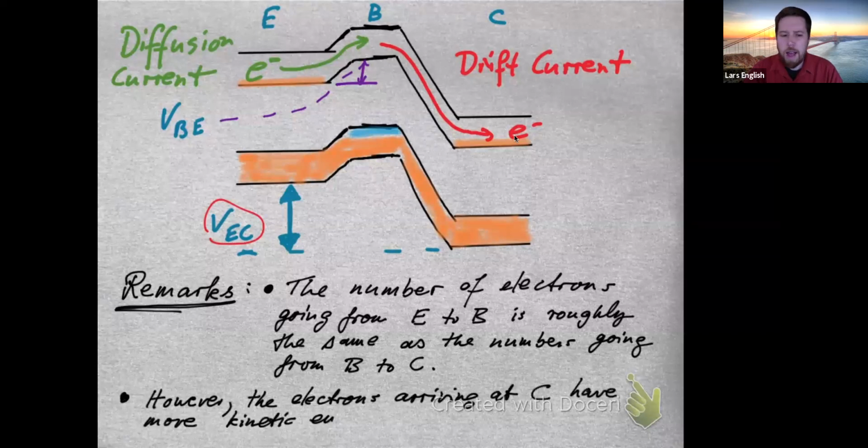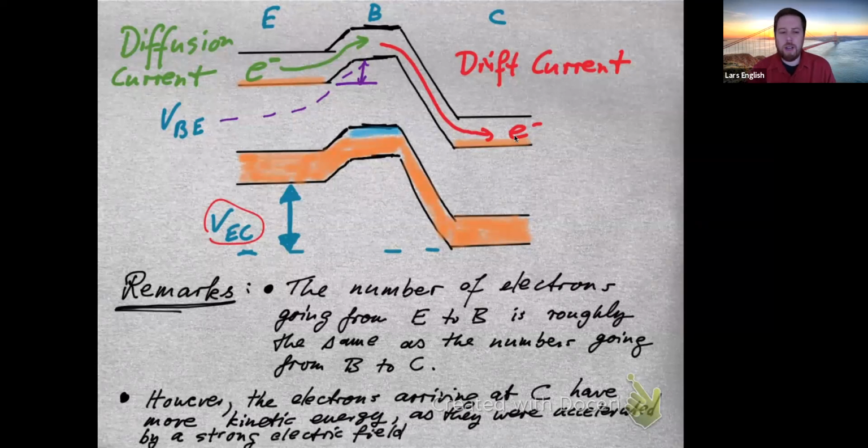However, the electrons arriving at C have more kinetic energy since they were accelerated by a strong electric field, the strong electric field in the depletion layer between the base and the collector, that electric field having been enhanced by the reverse bias. So by the time they get into the collector, they've picked up a lot of speed.